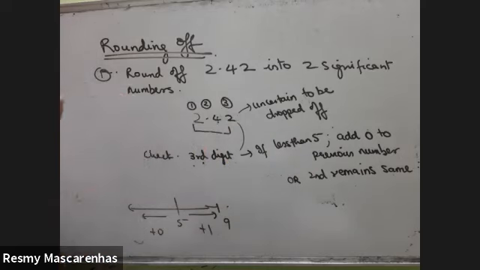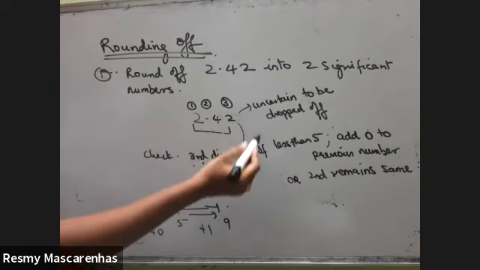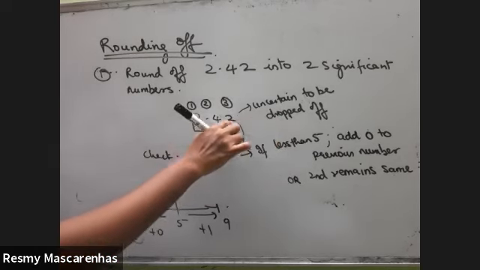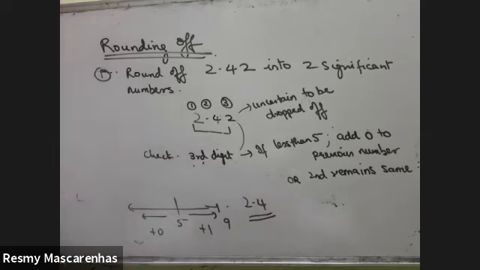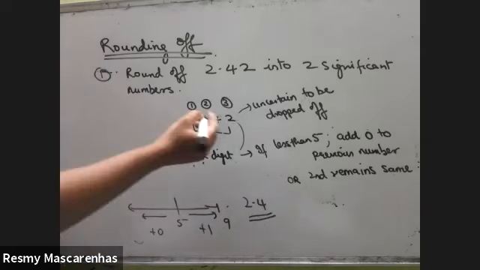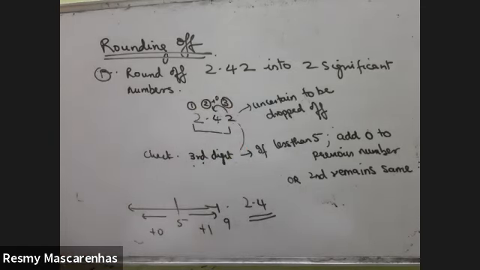Adding 0 to 4 means it remains 4. So now check: 2 is definitely less than 5, so it will remain like this. I have added 0 to it. So that's why my answer is 2.4.